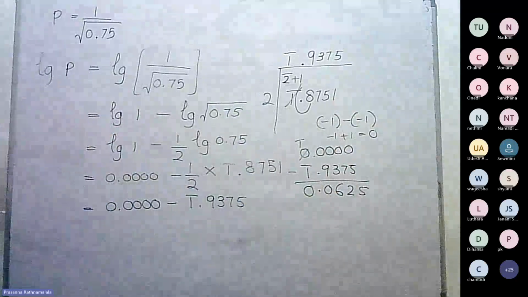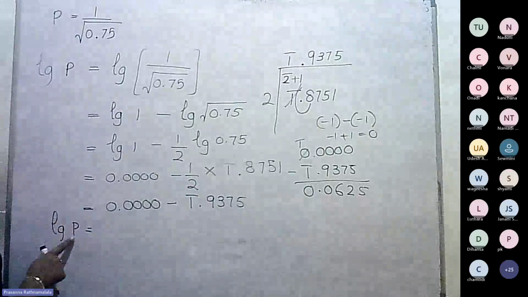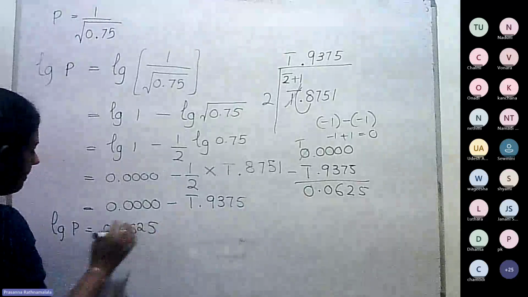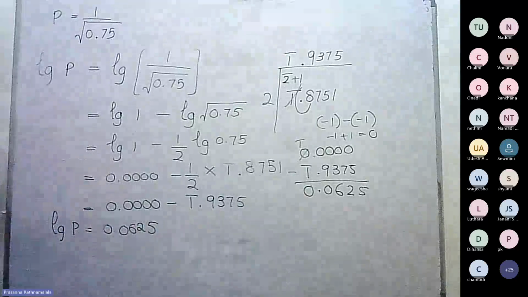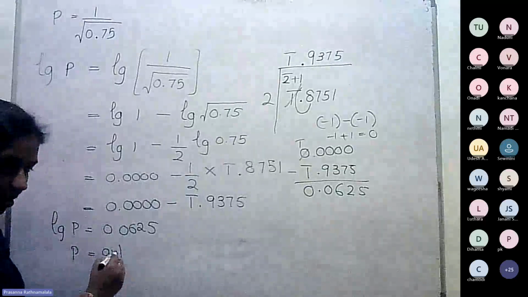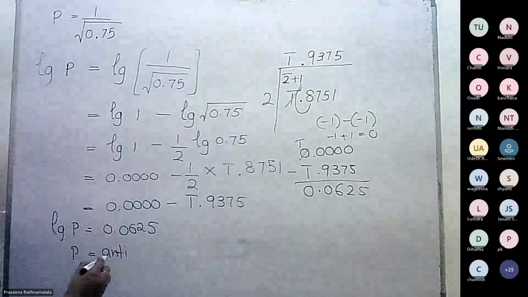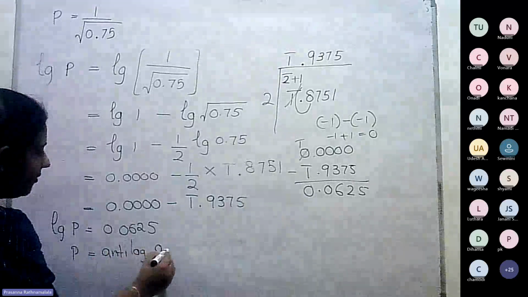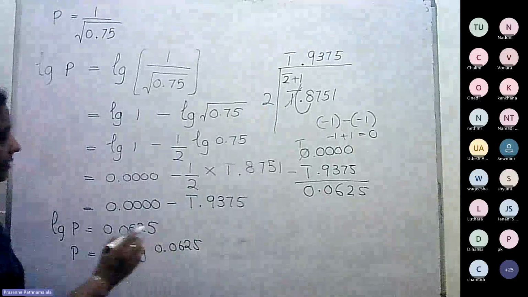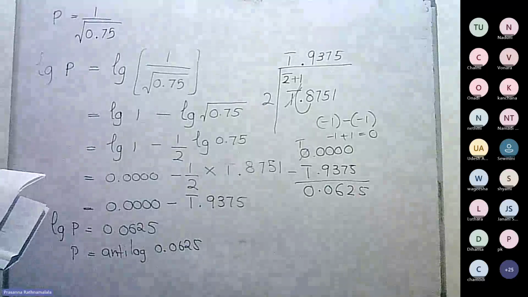Then the value is logarithm of P equals 0.0625. You can use any other method here, but taking it this way is easier for you. Right. Now you find the value of P, the antilog of 0.0625.